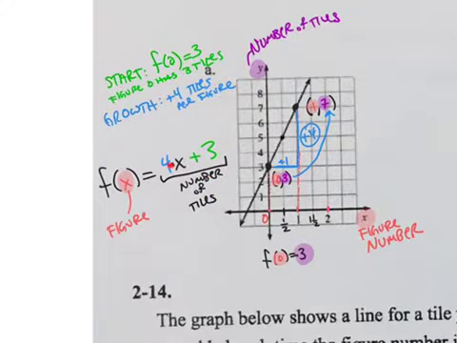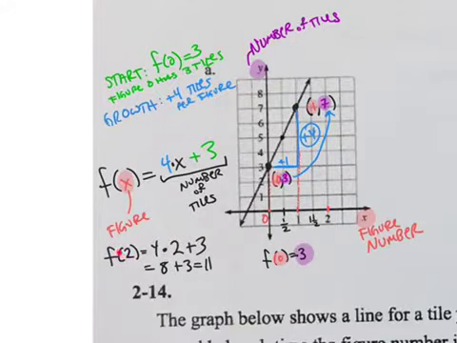And the way you do that is you multiply 4 times the figure number and add 3. So for instance, we can predict that f of 2 will be equal to 4 times 2 plus 3, which is 8 plus 3 for 11. So this would indicate that figure 2 should have 11 tiles.